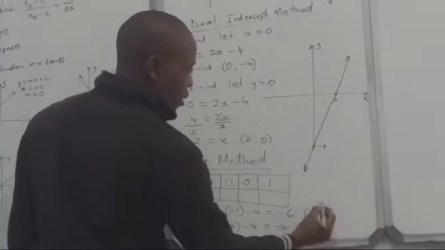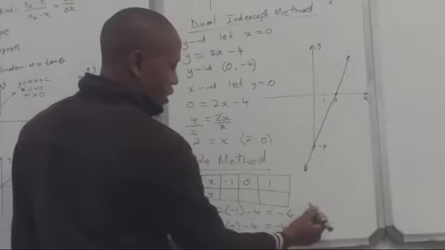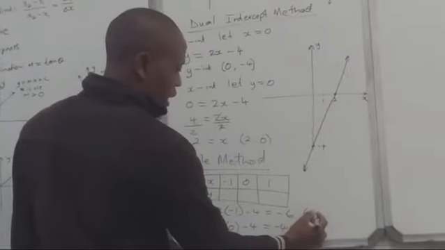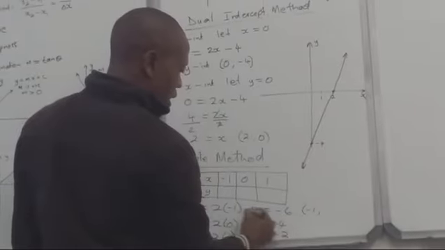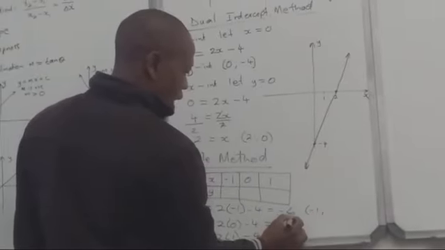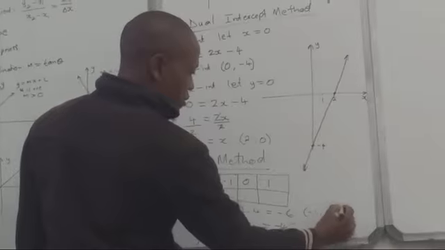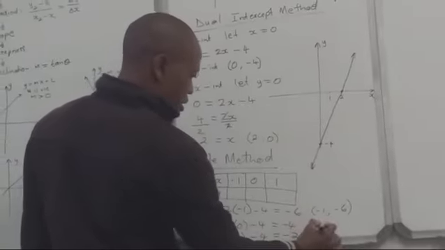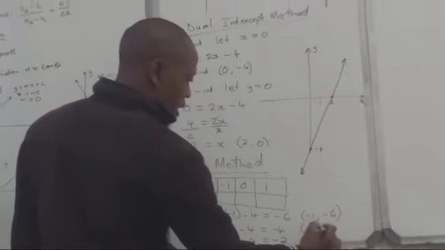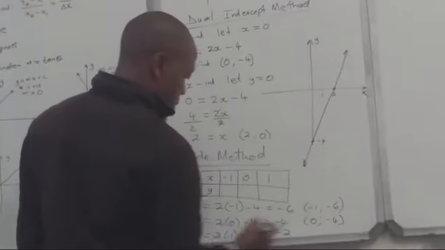Write this in coordinate form because you're getting ready to plot this on a Cartesian plane. So for x, we have negative 1, and for y, we have negative 6. And here for x, it's 0, and y, it's negative 4.